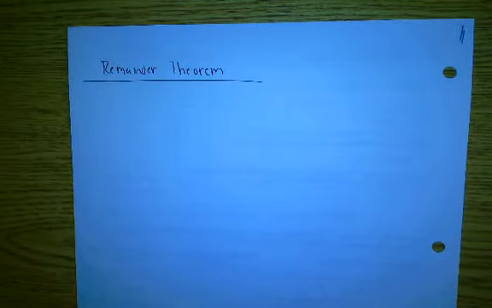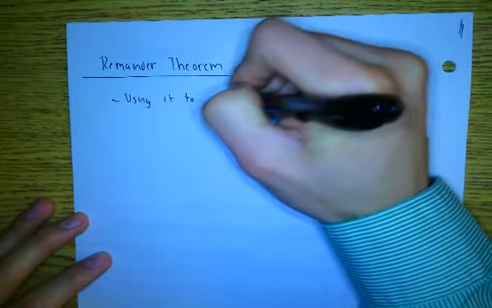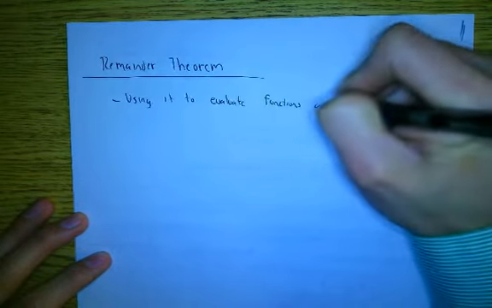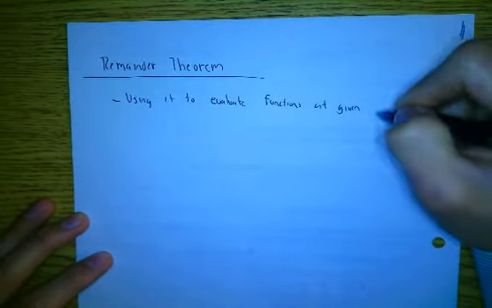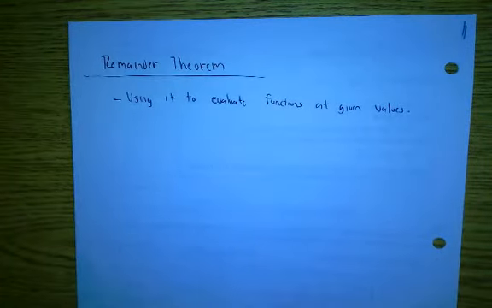First of all, the remainder theorem, we're going to be using it to evaluate functions at given values. Okay? To evaluate functions at given values. Alright, so typically I would give you a problem and I would say, if you see this, what would you do?